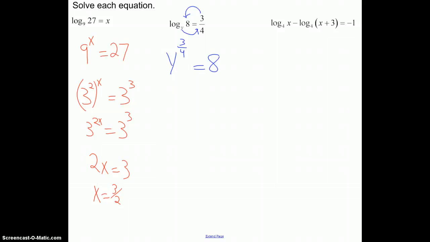Now this is kind of a weird problem. If it was y squared, you know to take the square root. What we're going to do to solve for y is get rid of this exponent of 3/4 by taking both sides to the power of 4/3, the reciprocal. So when we multiply these exponents on the left side of the equation, we just get y to the first, which is y, and that's what we're looking for.